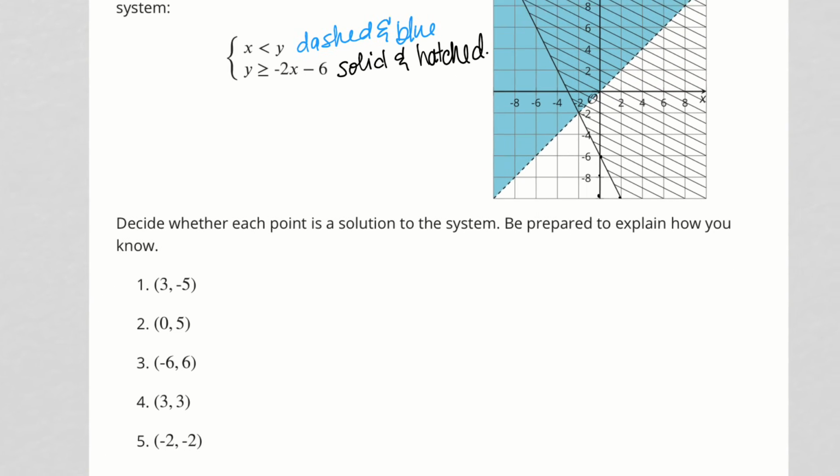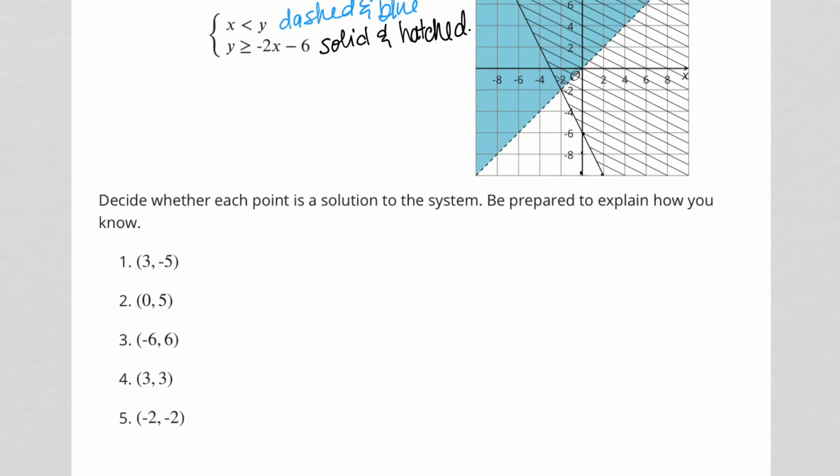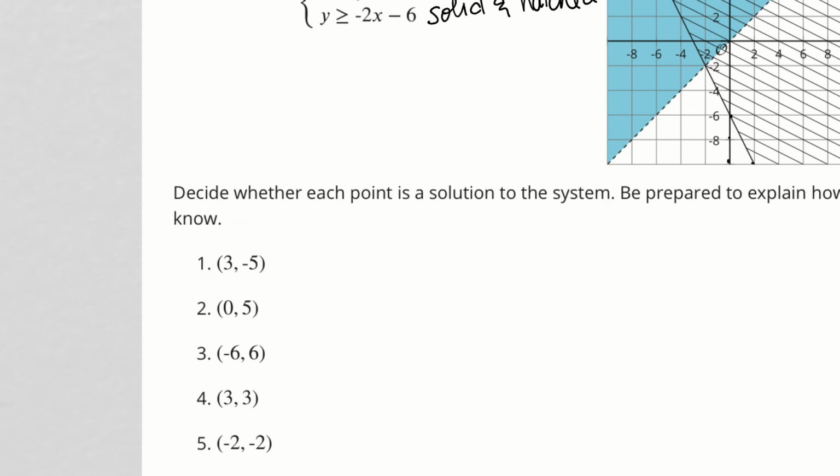Now we have to decide whether each point is a solution to the system, and be prepared to explain how you know. For number 1, we have 3, negative 5, and I'm going to do each of these in a different color so you can see on my screen where that is. How do we determine if this is a solution to the system?